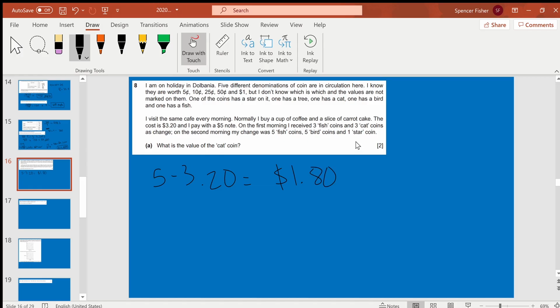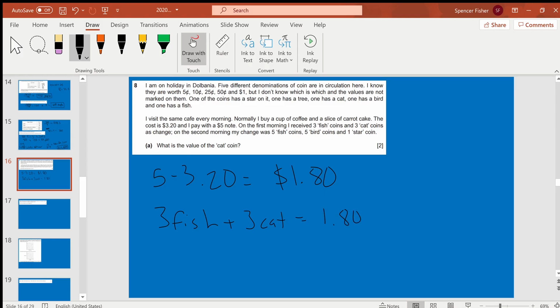So in each of the 2 situations they give us here, whether it's the 3 fish plus the 3 cats, or the 5 fish, the 5 birds, and the 1 star, it's always going to be equal to $1.80. So we know the first situation is 3 fish plus 3 cats is $1.80.